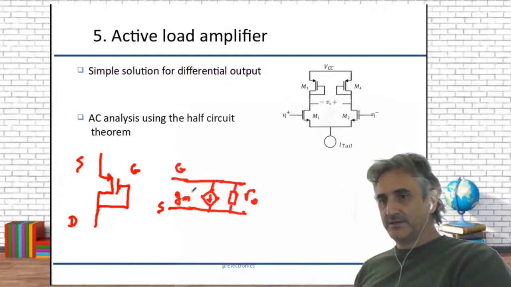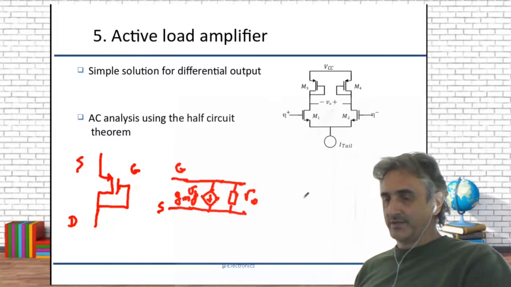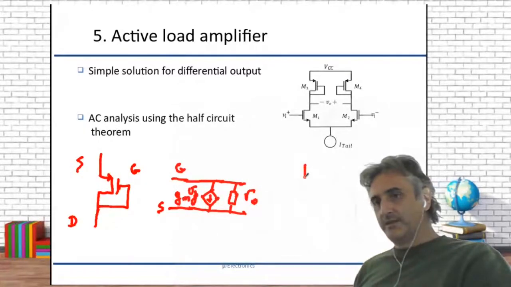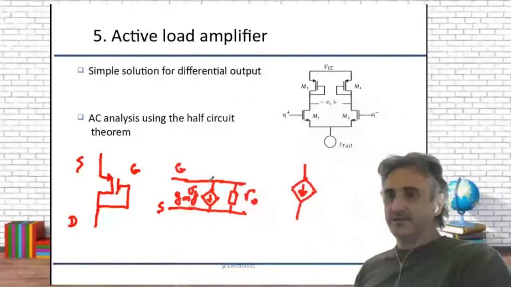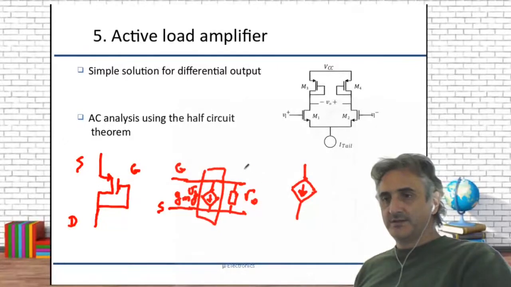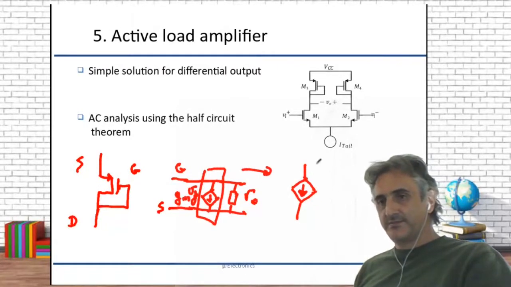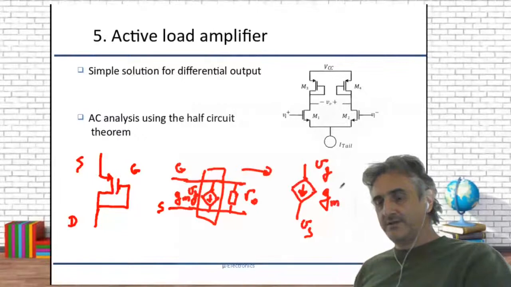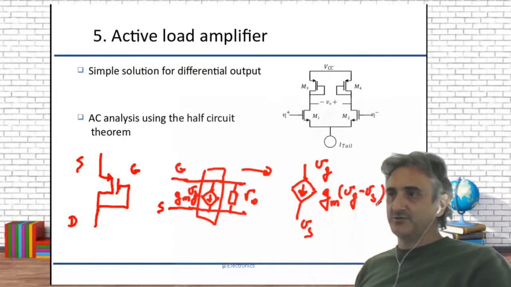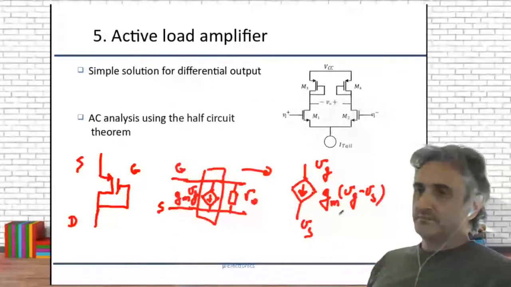Let me draw it here: you have VG, VS, and a current source GM multiplied by VG minus VS.